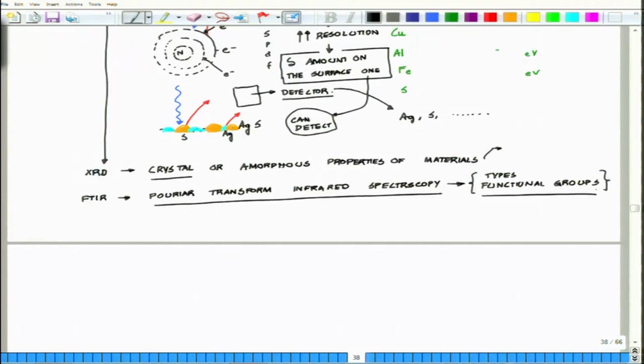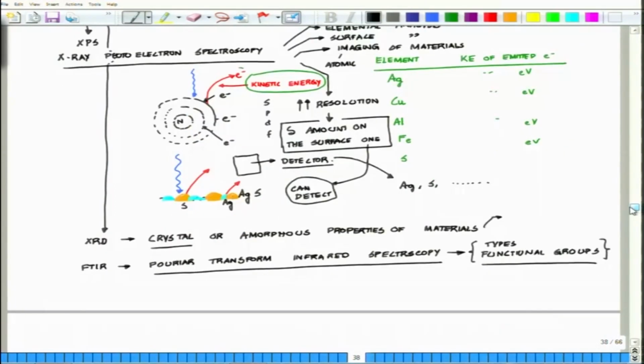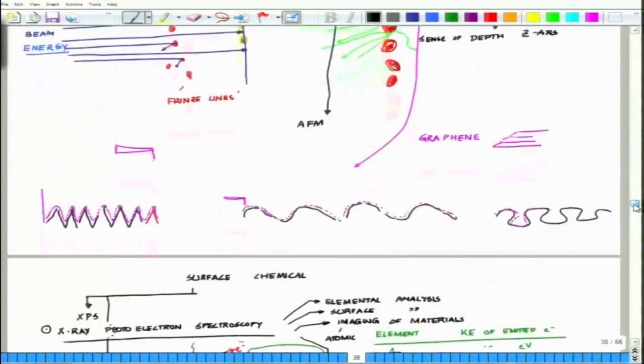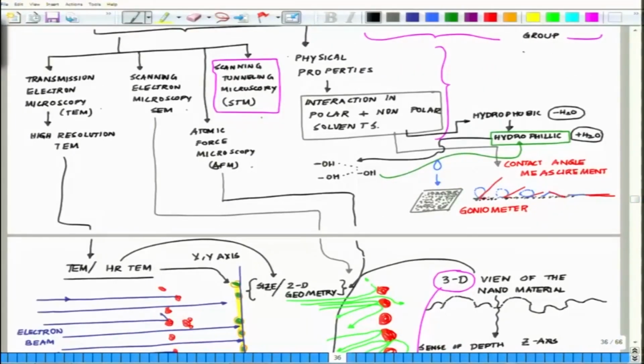So if we had to summarize, in the surface chemical techniques you have XPS, XRD, and FTIR. Prior to that, you can figure out the physical properties in terms of their interaction with water.